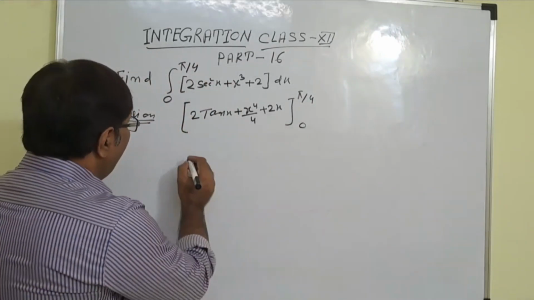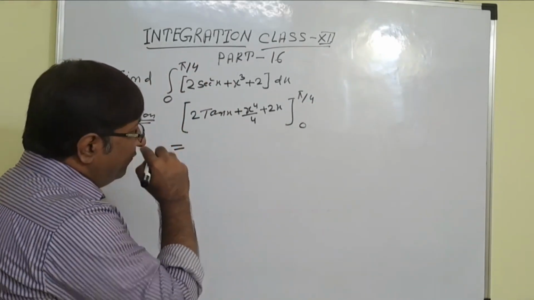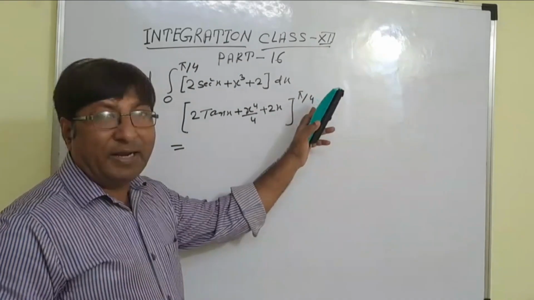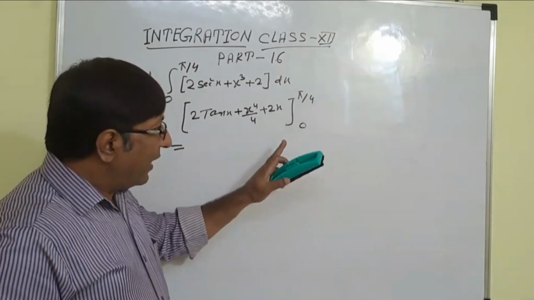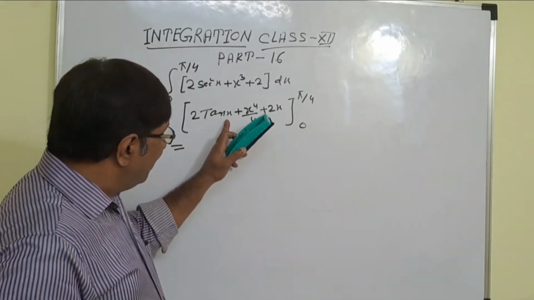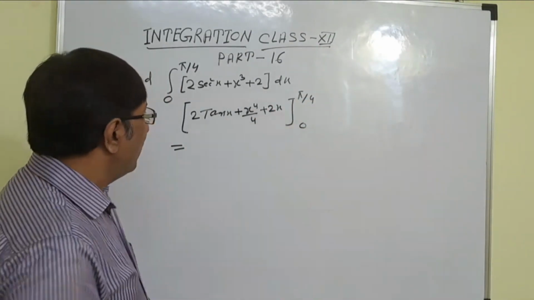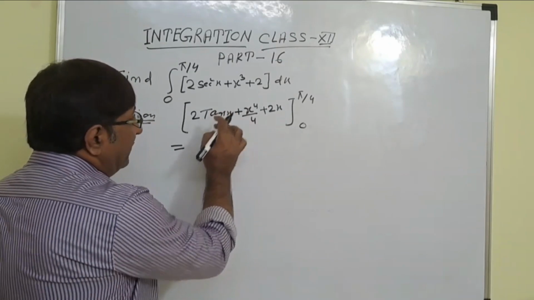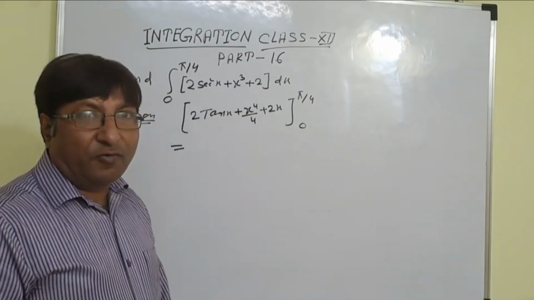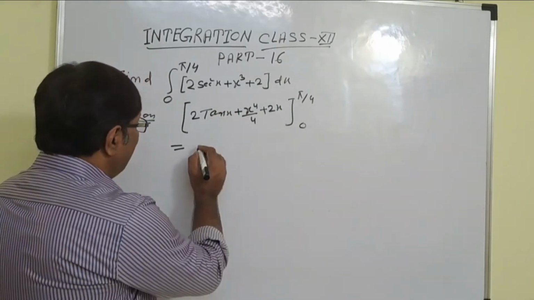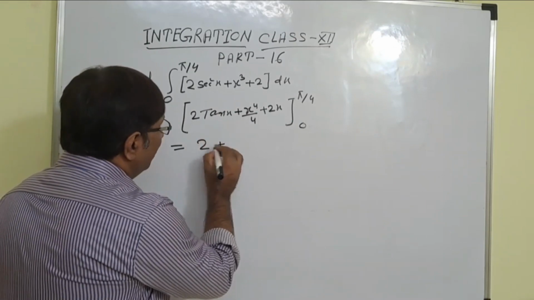0. Now just you put in the place of x upper limit pi by 4 minus, at the end, put the value of x equal to 0. So when we put pi by 4, we will get what? 2 tan pi by 4. tan pi by 4 is what? 1. So 2 into 1, that is simply 2.